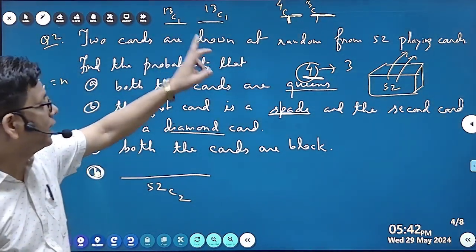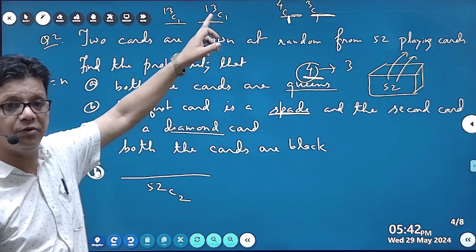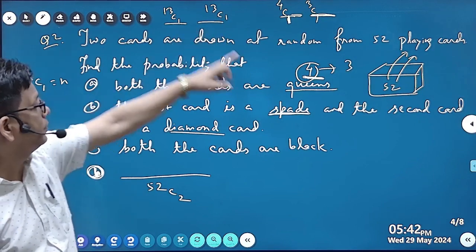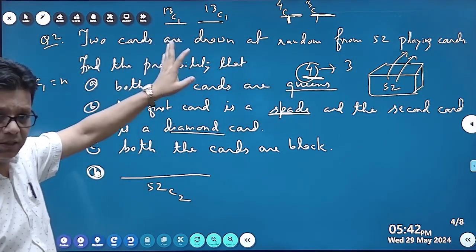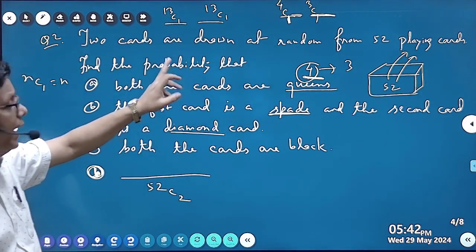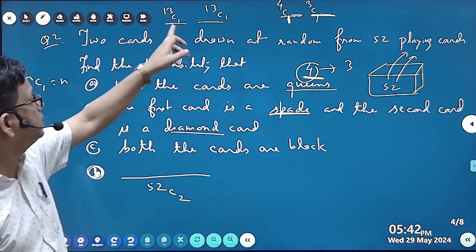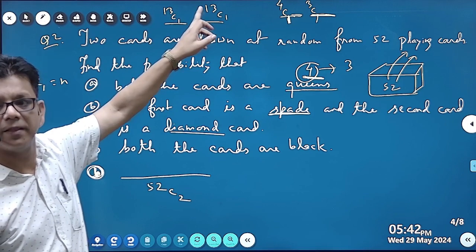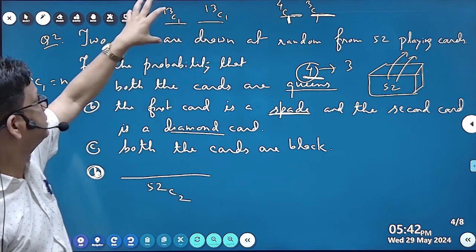Now see, the last time it decreased because they were the same queen cards. But now you see spade cards are 13. Had this question been both the cards are spades, then 13C1, 12C1. Then one, because this one card will go there. But now this is different.